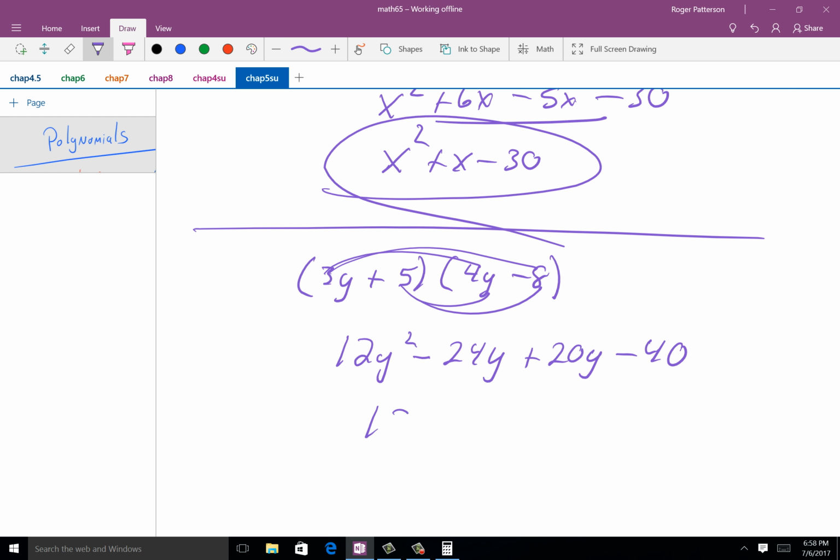Again, I'm going to combine the stuff inside. You know, again, slow down, be careful, make sure that you're reading what that says. You've got a negative 24 plus 20. It's going to combine and give you a negative 4y.